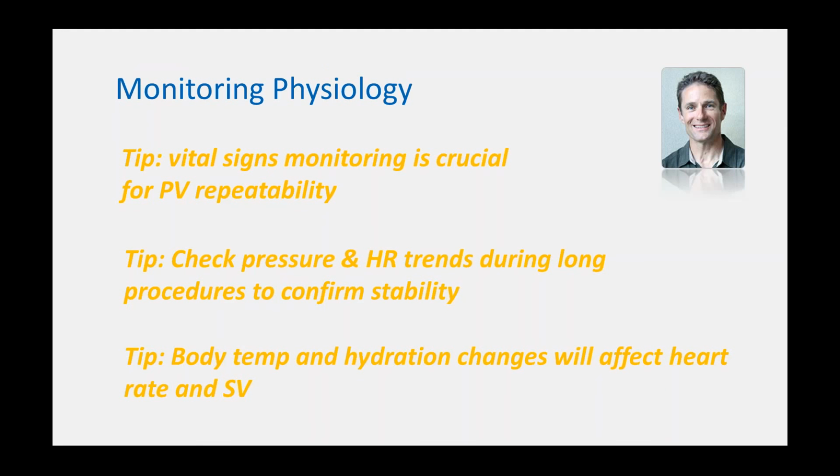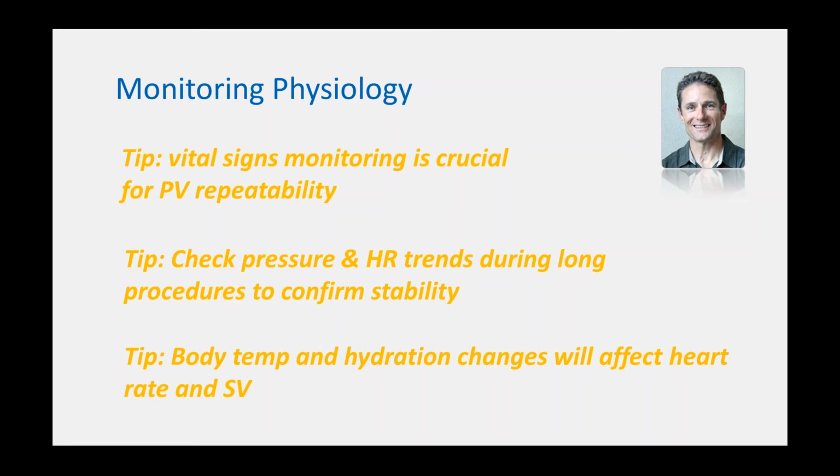Again, the main tip here is that monitoring vital signs is crucial for repeatability. We always look at pressure and heart rate trends during these long procedures to confirm stability. If one is rising or lowering, we try to figure out why.